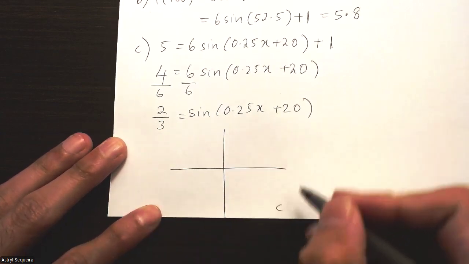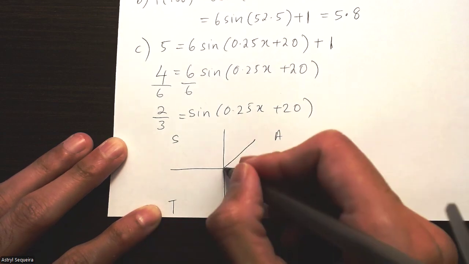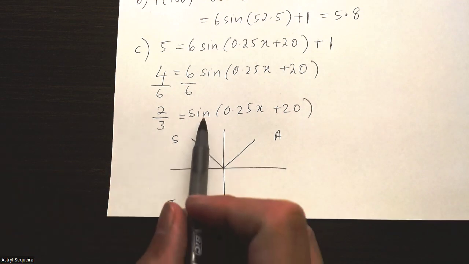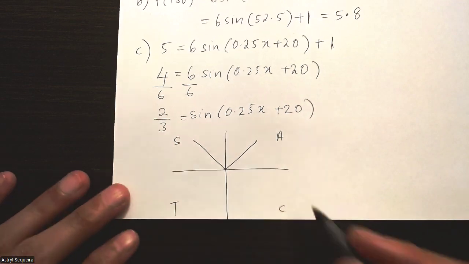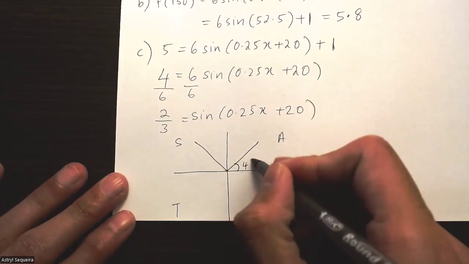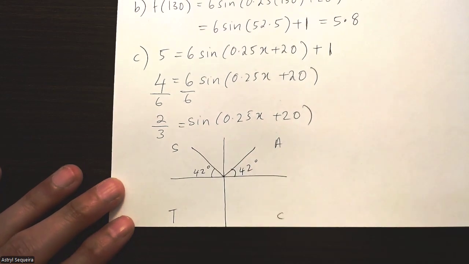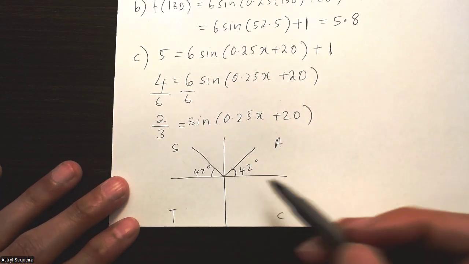Sine is positive in the first and the second quadrant. I do the sine inverse of 2 over 3 in my calculator. I will get the acute angle. I'll round it to a whole number, 42 degrees. So my first principal angle here is 42 degrees.